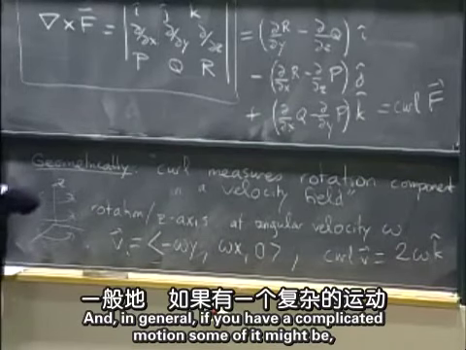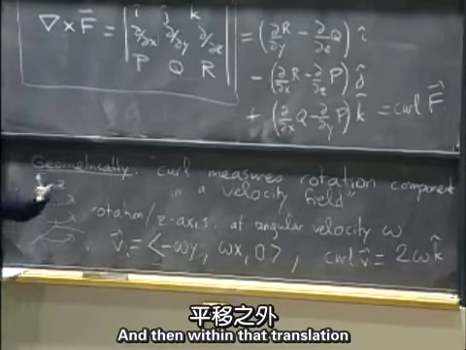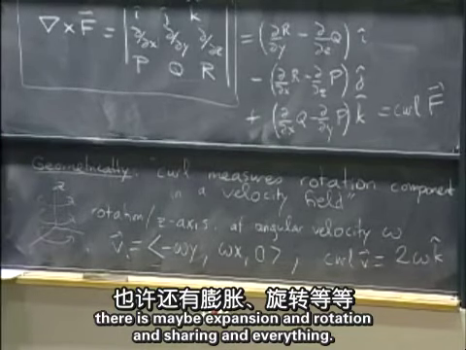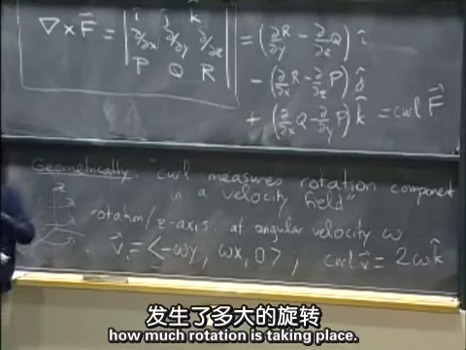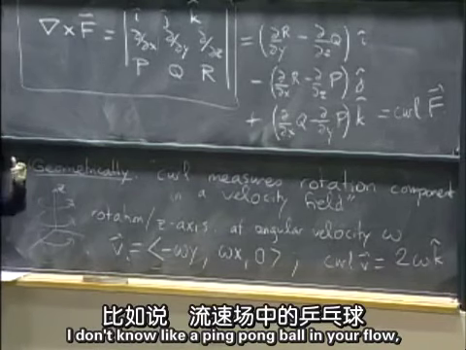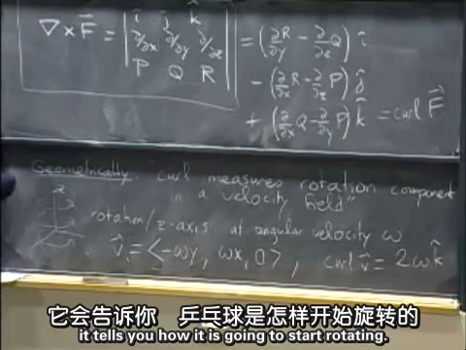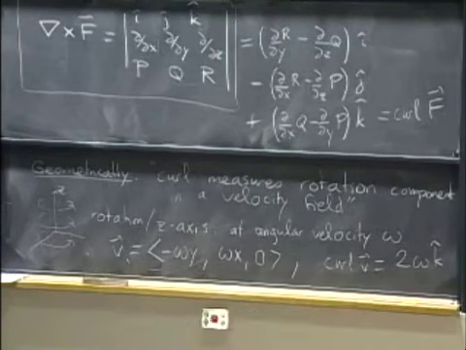And in general, if you have a complicated motion, some of it might be a translation, and then within that translation, there's maybe expansion and rotation and shearing and everything. And the curl will compute how much rotation is taking place. So say that you have a very small solid, say a ping pong ball in your flow, just going with the flow, it tells you how it's going to start rotating. That's what curl measures.